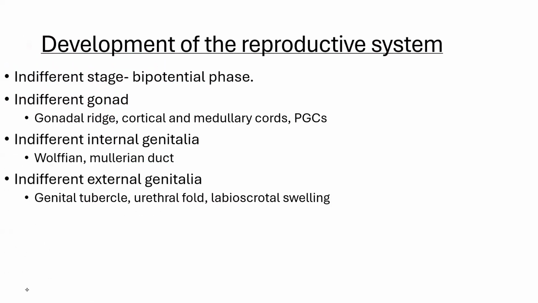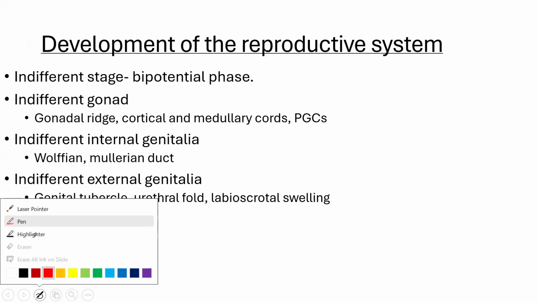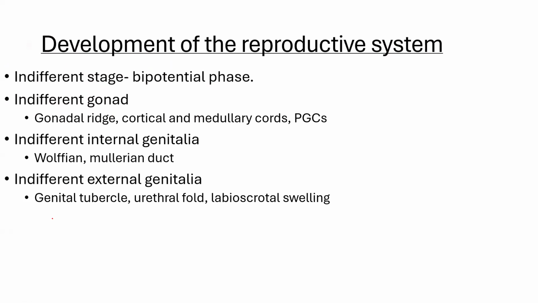Now, let's start with the development of the reproductive system. I need you to understand that there is a time during development where you cannot tell the sex of the fetus, a stage known as the indifferent stage.